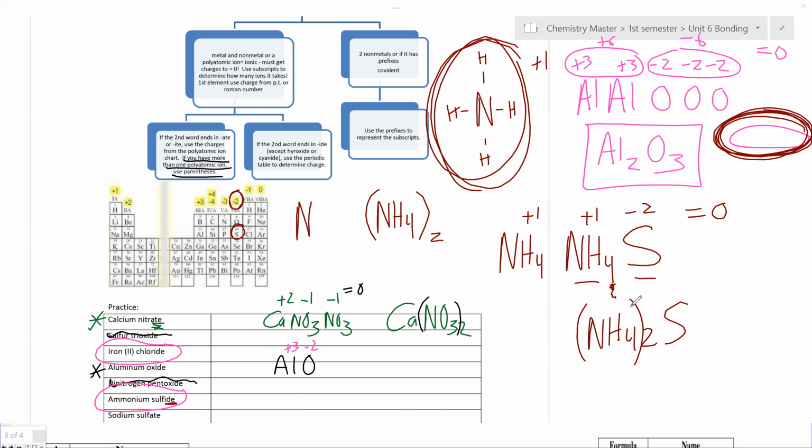It looks like 42 of these connected together versus 2 of these. I want 2 of these. So it says NH4, 2 of those, not 42 of these. Good question. Okay. I think it's break time, right?